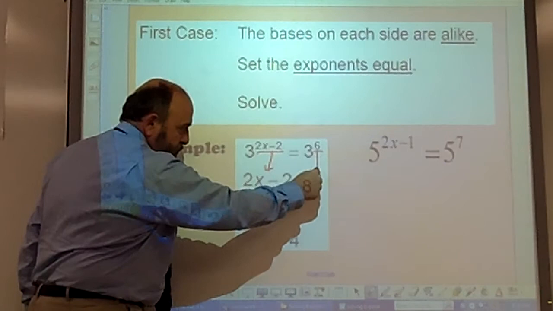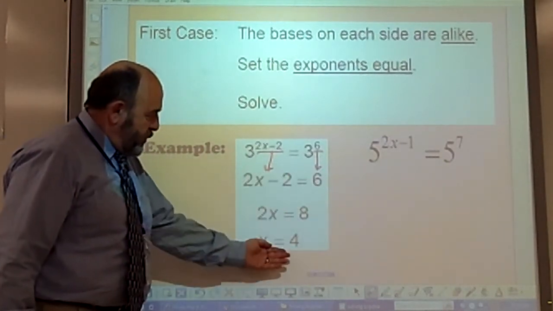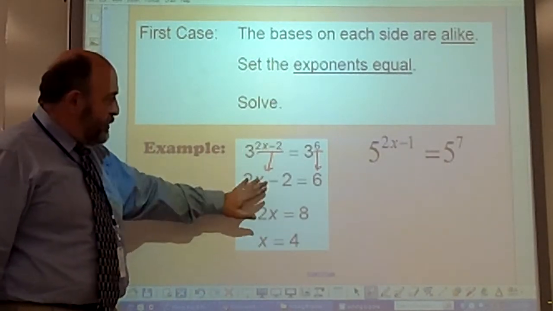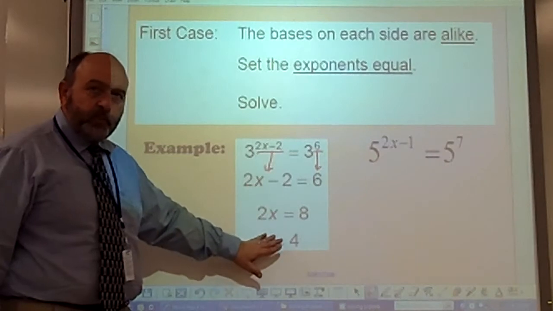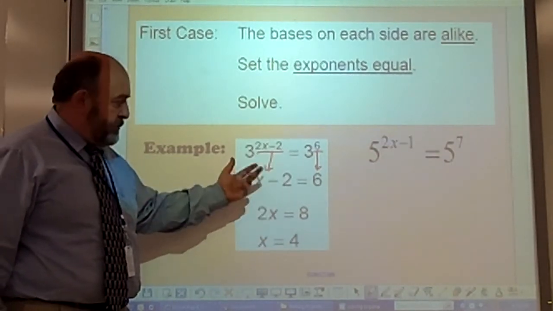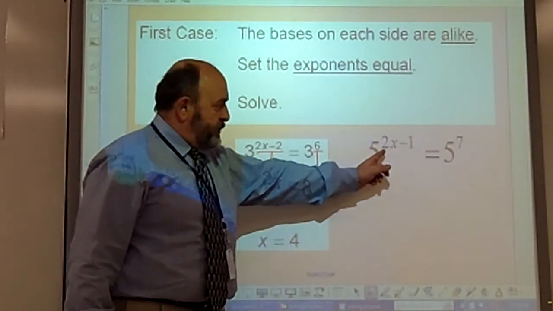That's where they come from. And then of course we use regular algebra to work down and solve it for x. If you have difficulty doing regular algebra manipulation, then put it in and solve it very easily from there.